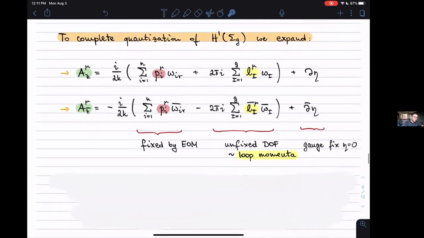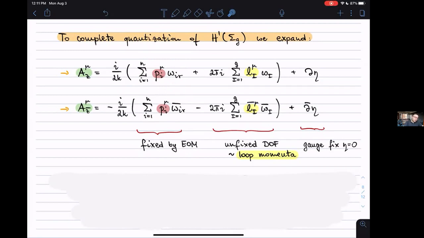Now, if you plug this into the equations of motion, you will find that these terms, which measure how the gauge field changes when it goes around punctures, are completely fixed by the equations of motion. So this is just external data.